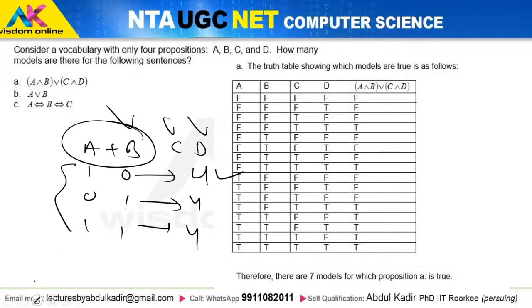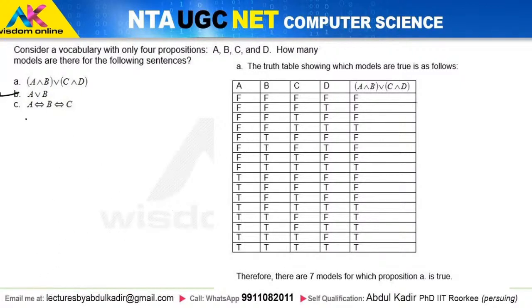Okay, is it clear? So we have solved this question number B. You can solve question number C also, and question number A also. I'll leave it up to you. You can very easily solve it, you just have to use your brain.